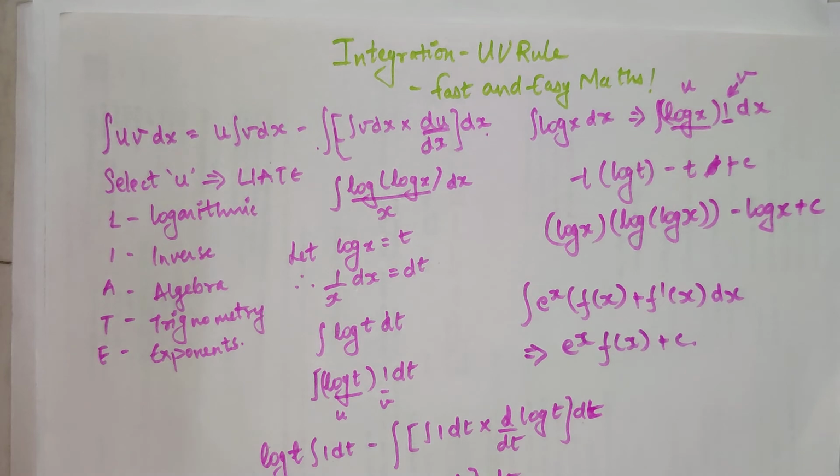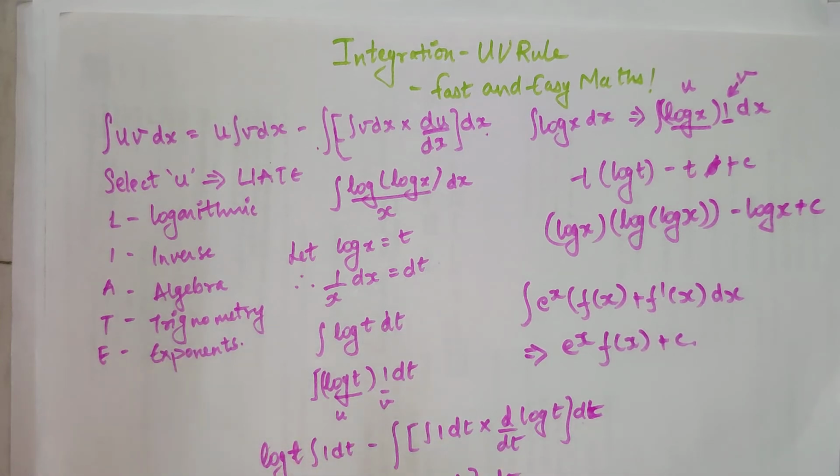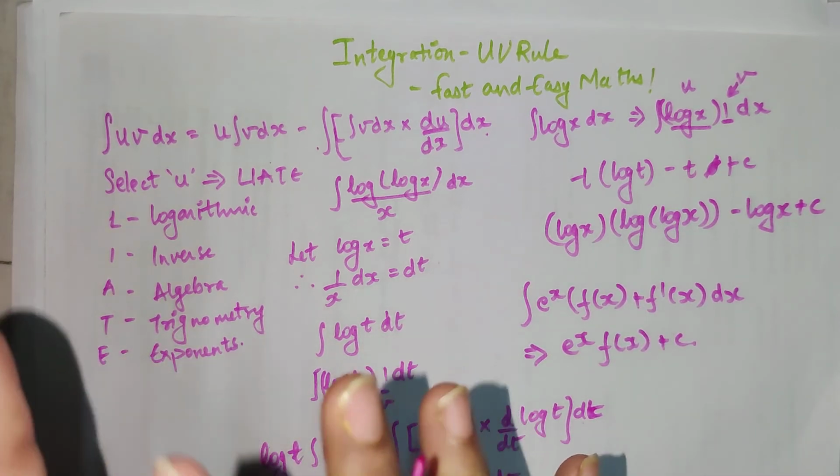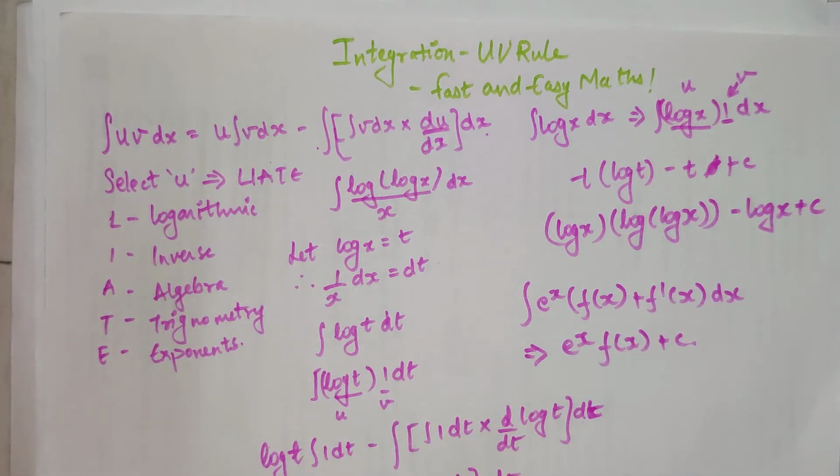A lot of students think that if you don't understand differentiation, you can still do integration. That is absolutely not possible. You have to know differentiation, only then will you be able to do integration. All these properties require you to understand differentiation at the very basic level.